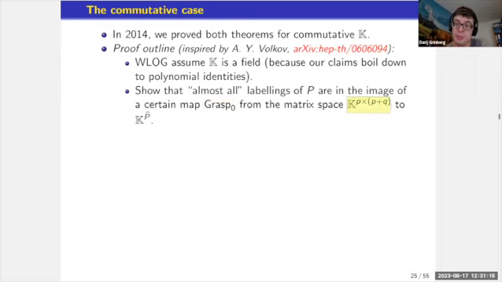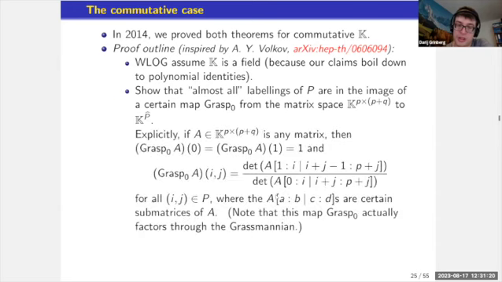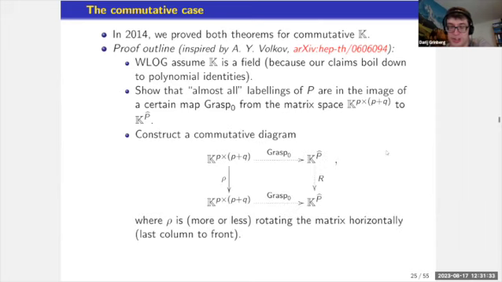So it takes a p by p plus q matrix to a labeling of the rectangle. And explicitly, the labels of the labeling are going to be certain quotients of minors of the matrix. I will not go into the details. The only thing I want to say about this map is that this map behaves nicely with respect to row motion. So to apply row motion to the labeling is tantamount to rotating the matrix.